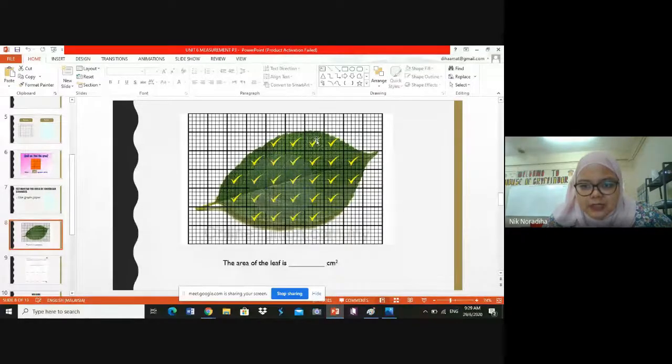Look at the differences between this one and this one. Why do we tick this one? Because the shape of the leaf exceeds half. This one did not exceed half, that's why we didn't count it. This one also didn't exceed half. So if using graph paper, we need to take the squares that exceed half.